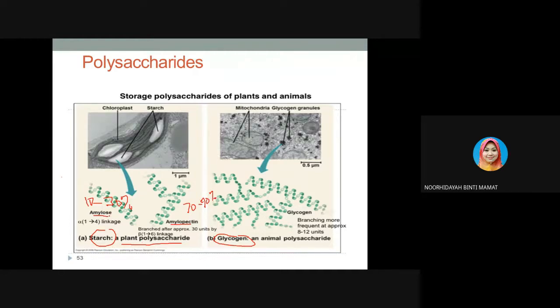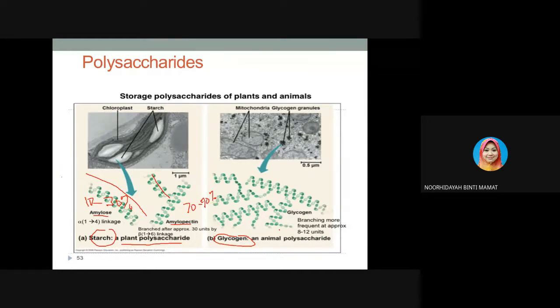Amylose is a linear polysaccharide, just one linear chain, while amylopectin is a branched chain of polysaccharides.